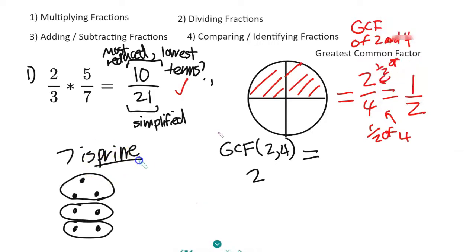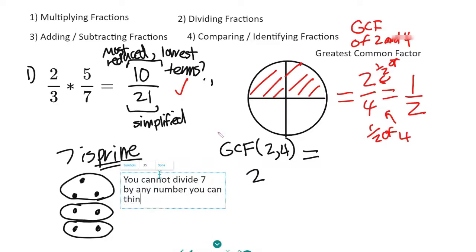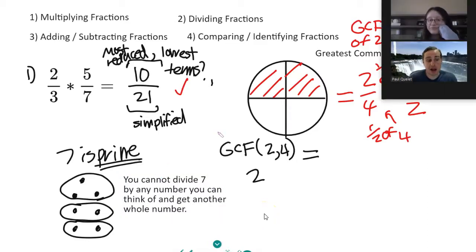So 7 is prime, and you cannot divide 7 by any number you can think of and get another whole number. You're going to have a remainder, or a decimal. Those are all things you've seen before.